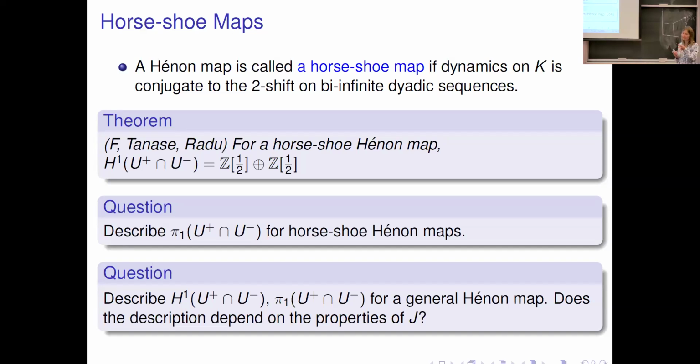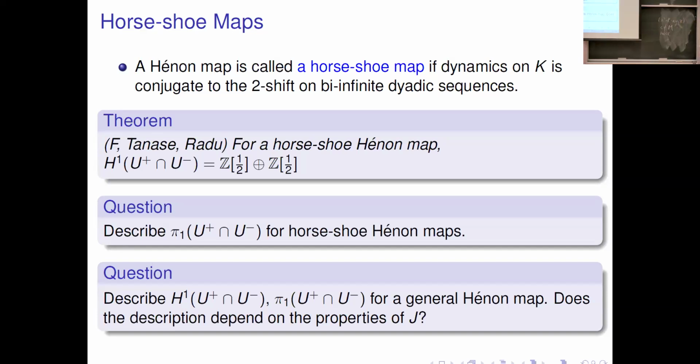If you want an example, take C outside of the Mandelbrot set and look at x squared plus C minus a y, with C not belonging to the Mandelbrot set and a tiny.